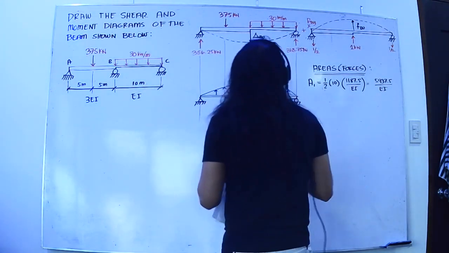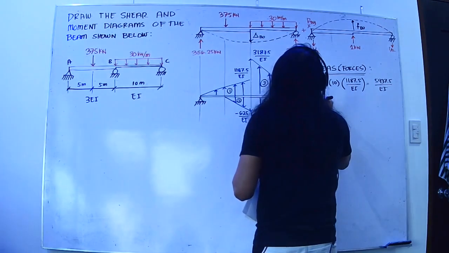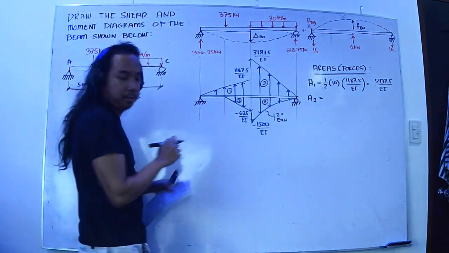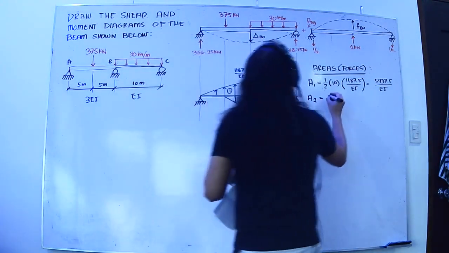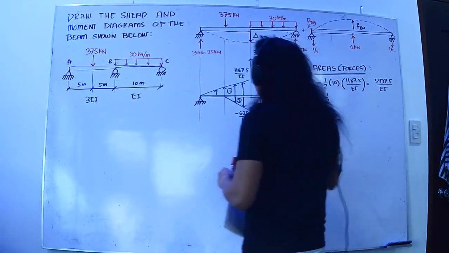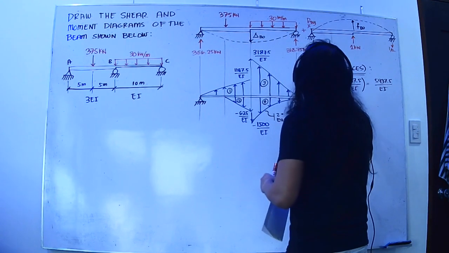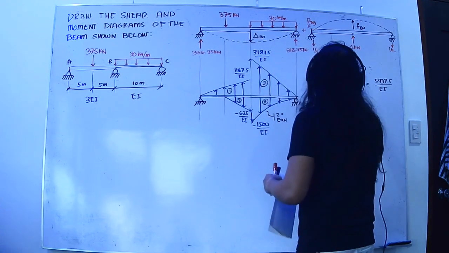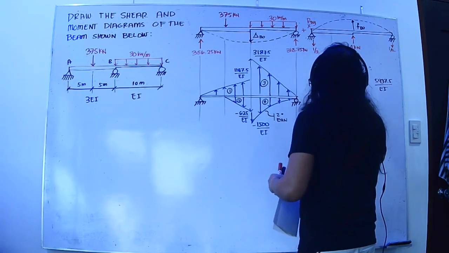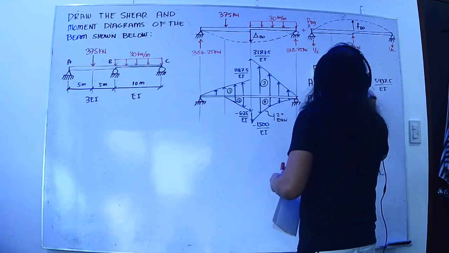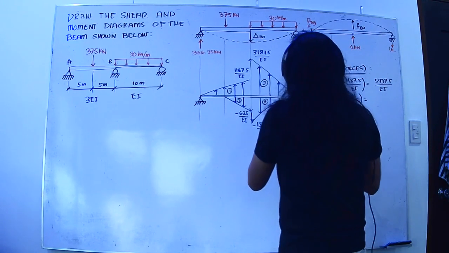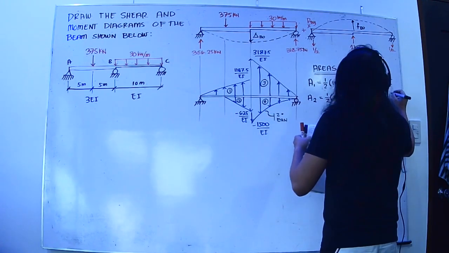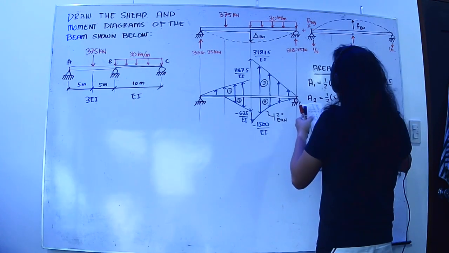Secondly, A2 is this small triangle going downward. That should be equal to one half of base, which is 5, times height, which is 625 over EI. That will be equal to 1562.5 over EI.